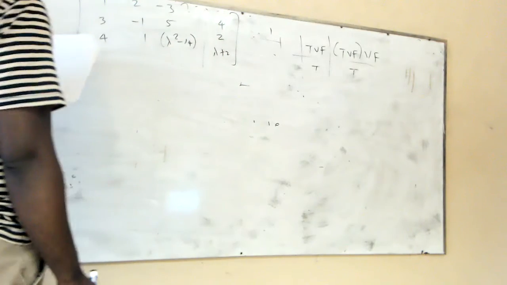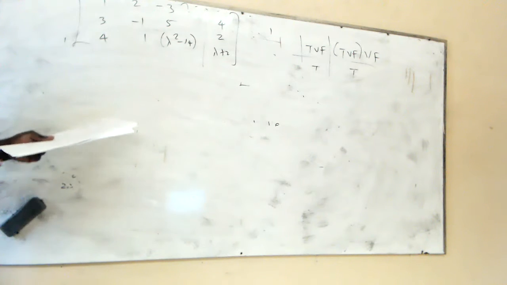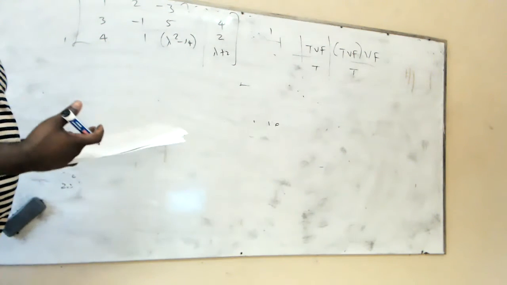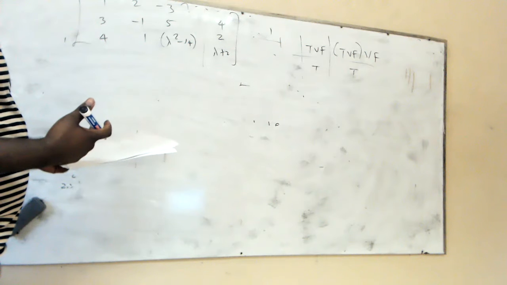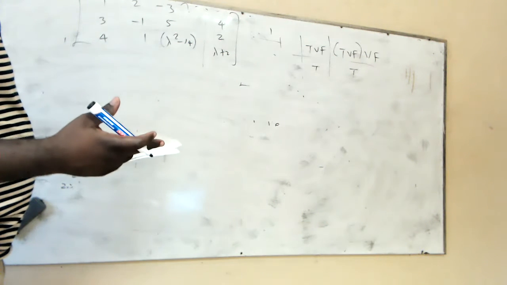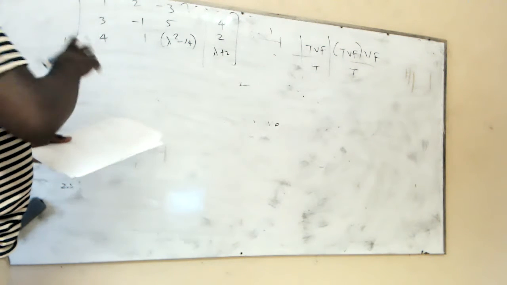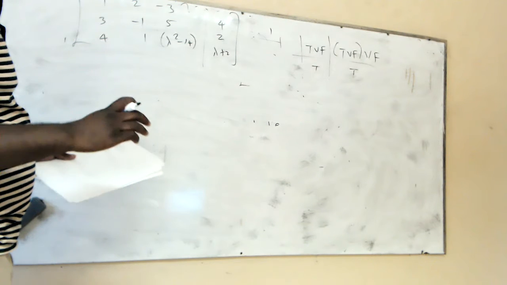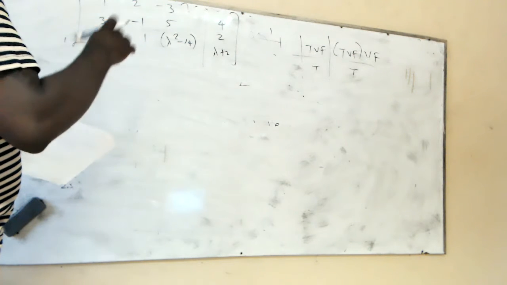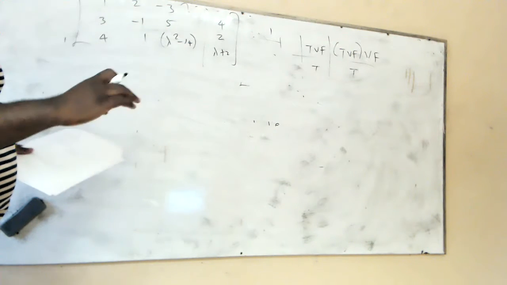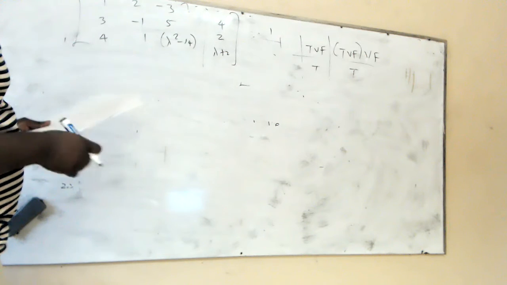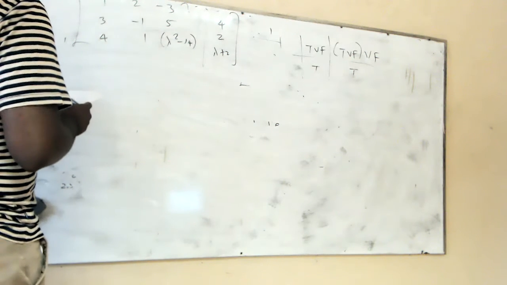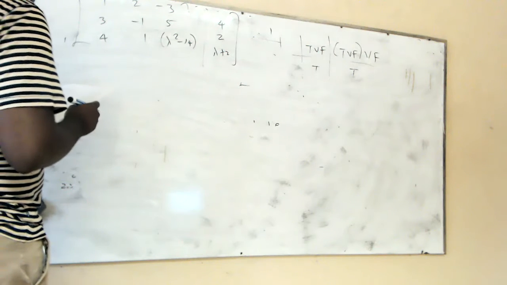Use the Gauss-Jordan process. Gauss-Jordan is similar to what we're doing for Gauss elimination. For Gauss elimination, we obtain the zeros below the diagonal. For Gauss-Jordan, we obtain the zeros below the diagonal and above the diagonal. So it's a similar process which you don't need to worry about.